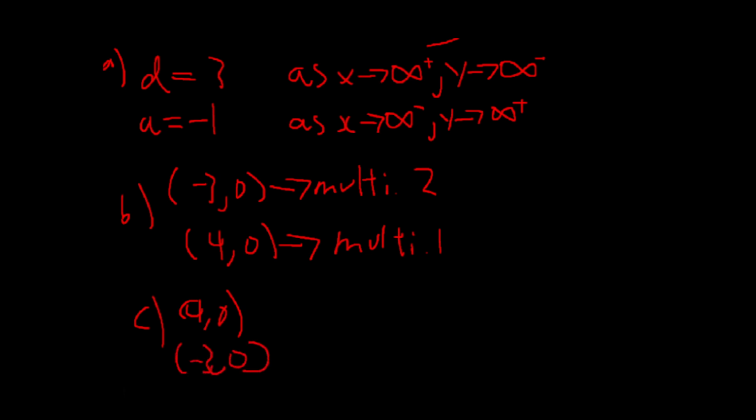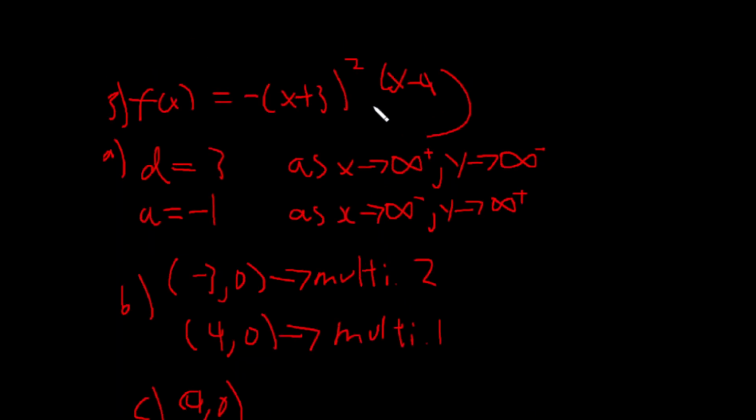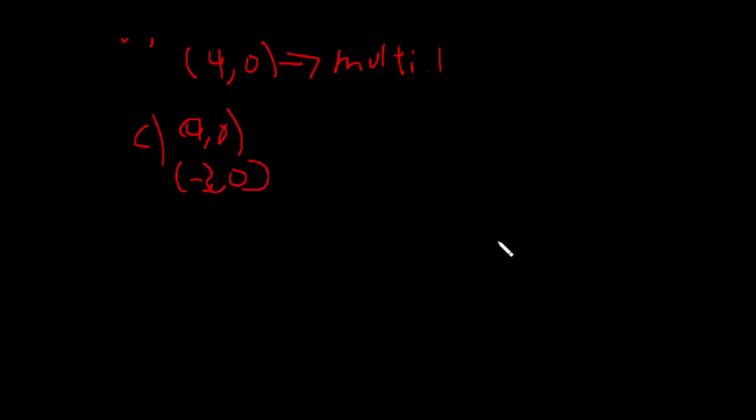So basically the answer is what I'm talking about right now. And let's find the y-intercept. If we plug in 0, that'd be 3 squared, which is 9, times negative 4. So that'd just be negative 36.